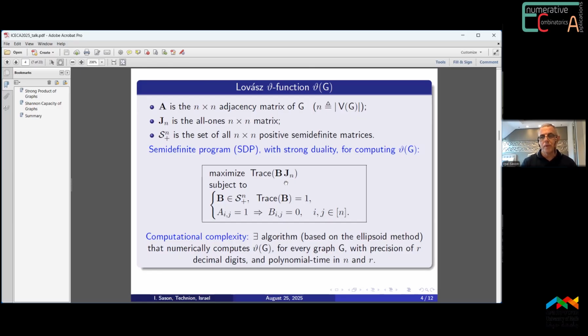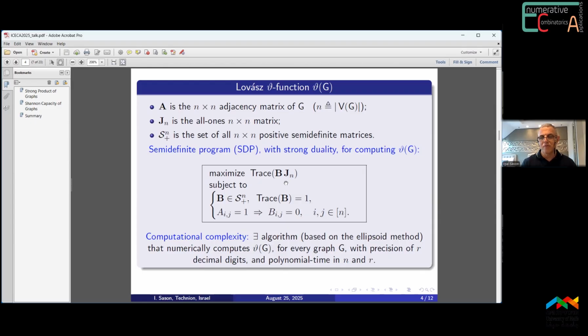Well, sometimes it gives an exact value by just comparing the upper and lower bounds, and it tends to be the Shannon capacity of the graph for all Kneser graphs, as well as for self-complementary vertex-transitive graphs, which include, for example, a cycle of length 5.